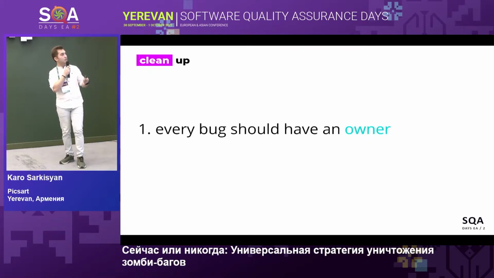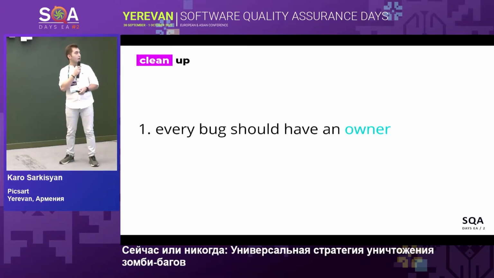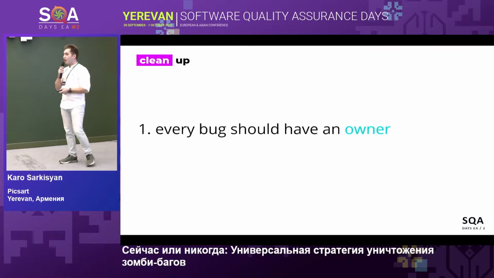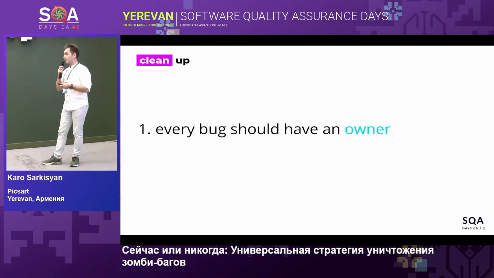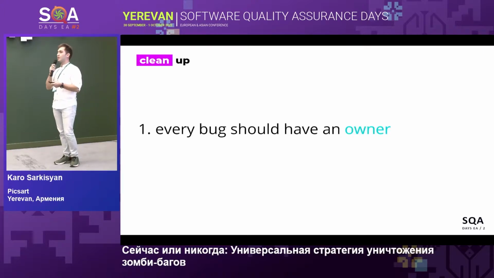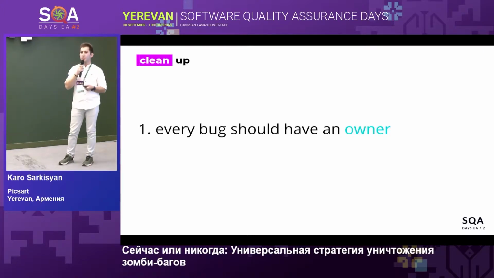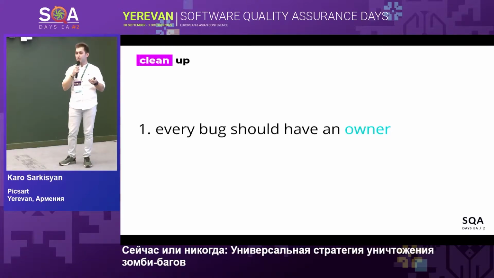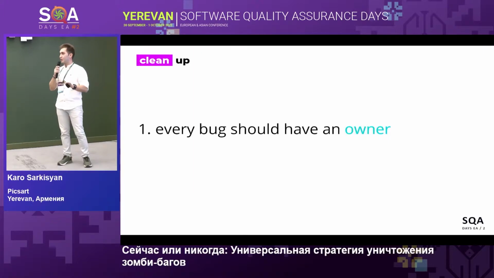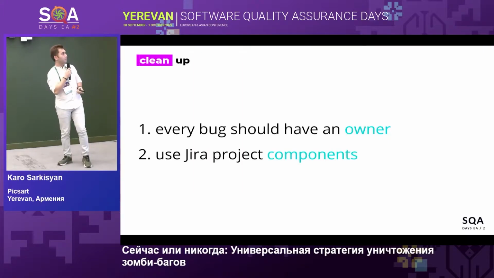But before the cleanup process, we should be sure that every bug has an owner. It is very important, because if a bug is open and no one is assigned and no one takes responsibility for it, it will stay in the backlog and become a zombie.